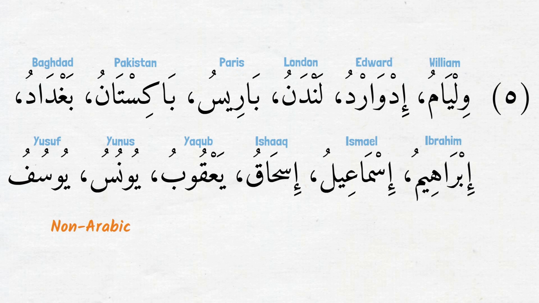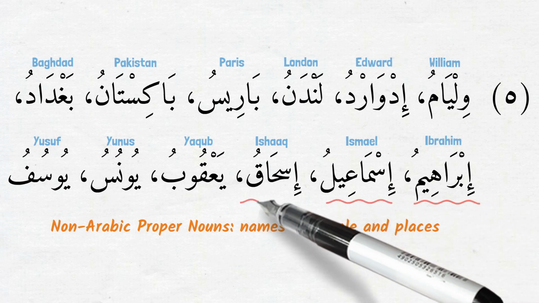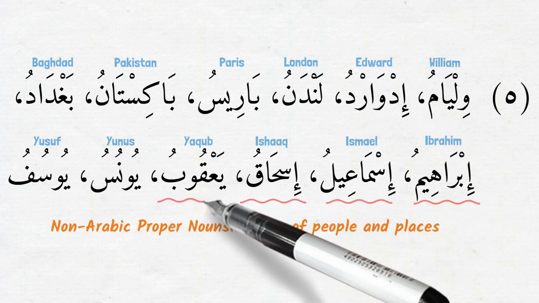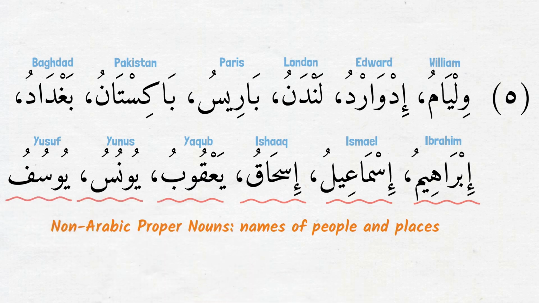These are all non-Arabic proper nouns, names of the people and places that originated in other languages than Arabic. You might be surprised to see the names of the prophets that come in the Quran, which belong to this category. It turns out that those names are not originally Arabic. Many of them are originally Hebrew names imported to Arabic. So they are treated as الممنوع من الصرف, and they do not end with TANWEEN.